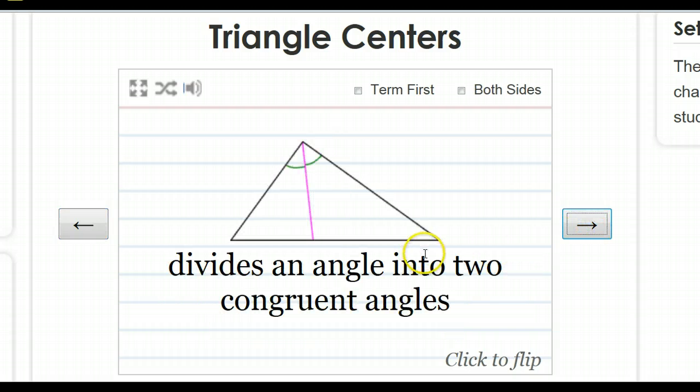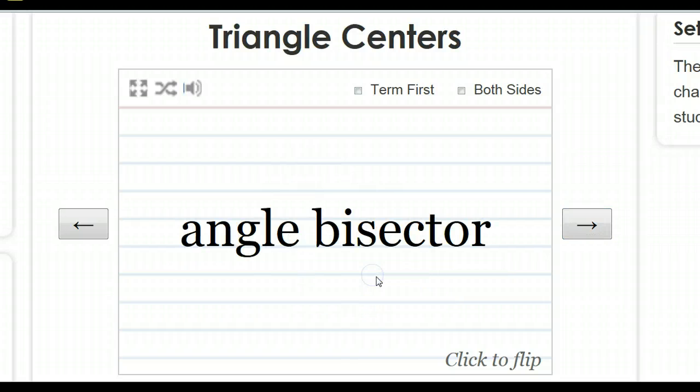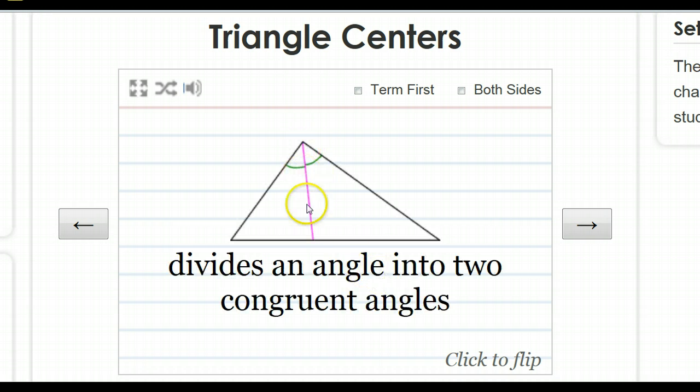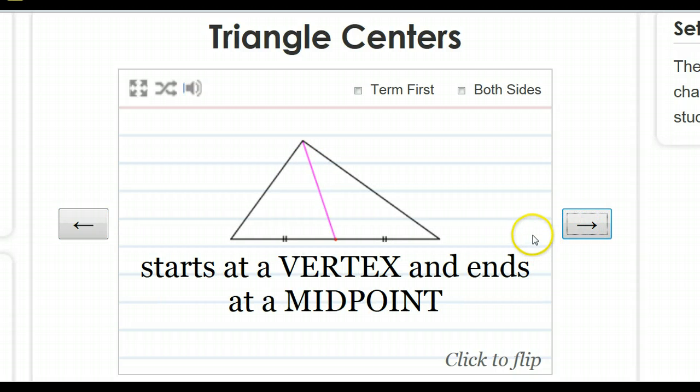Okay? What is this a picture of? Did you say angle bisector? I hope you did. It is splitting this angle in half, so this is an angle bisector. What's this a picture of? This is the median.